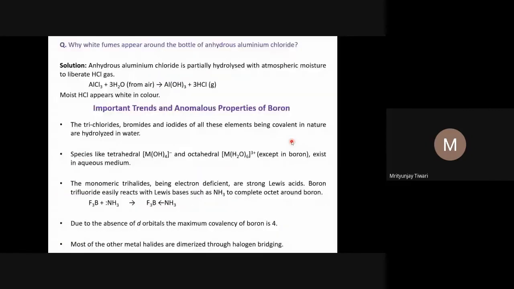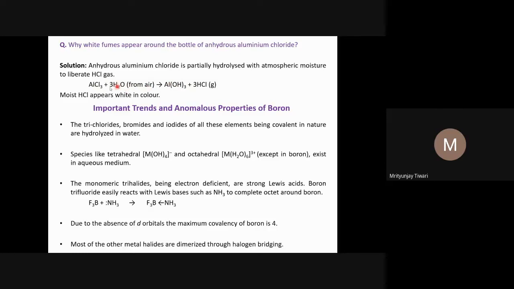So what we were seeing here is, if an anhydrous AlCl3 bottle is kept there, nearby in the atmosphere, some of the AlCl3 molecules will react with the atmospheric moisture, and so this reaction: AlCl3 plus 3H2O from air, it will happen, Al(OH)3 plus 3HCl.